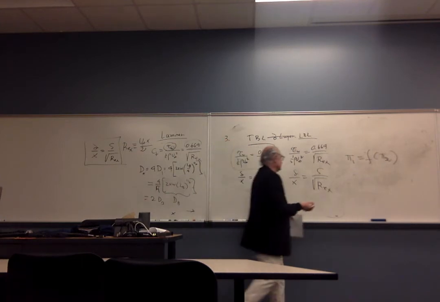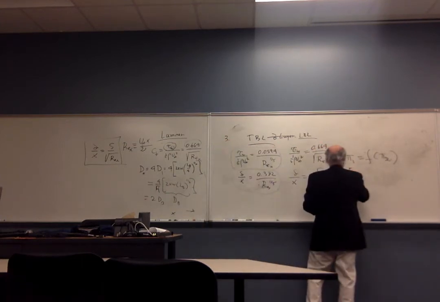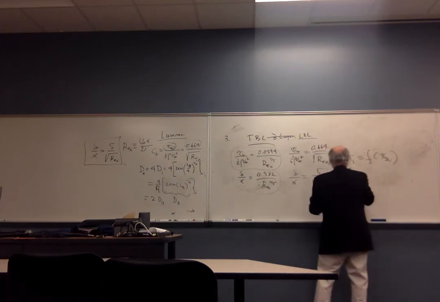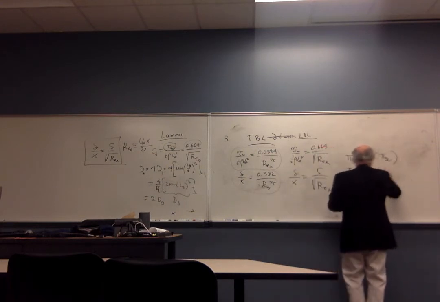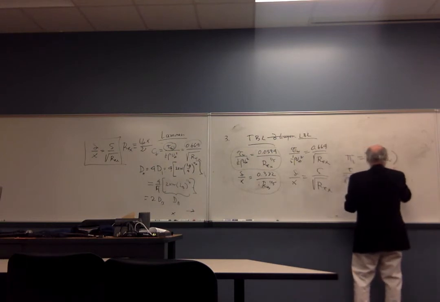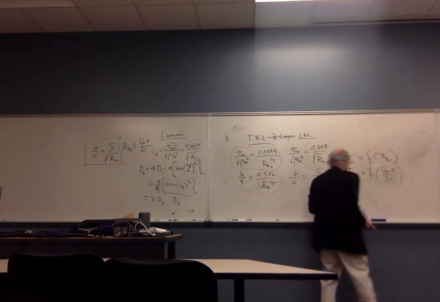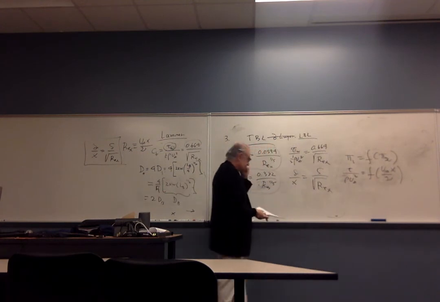However, from the pi analysis, you would only get this. You would get tau over, well, it would be a 1/2 there, but it probably wouldn't show up. I should put it there. You would get that this is a function of u infinity x over nu. That's exactly what you would get, right?